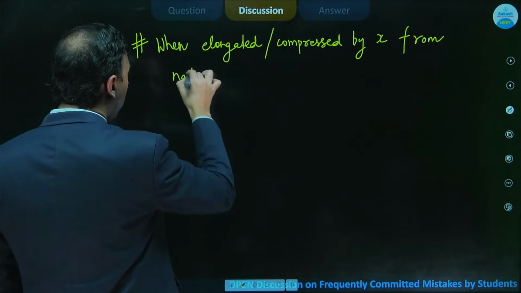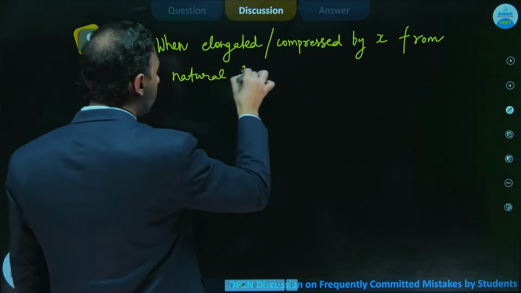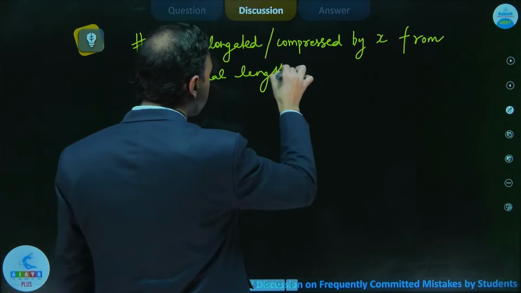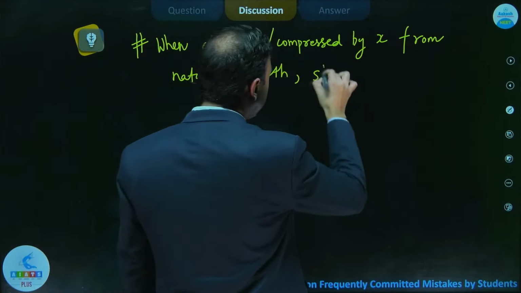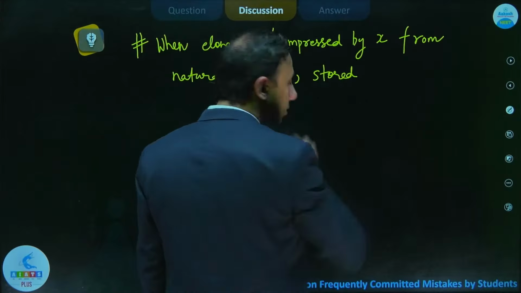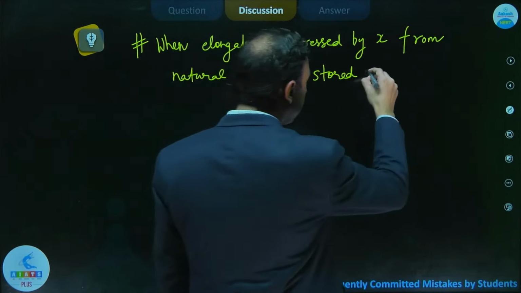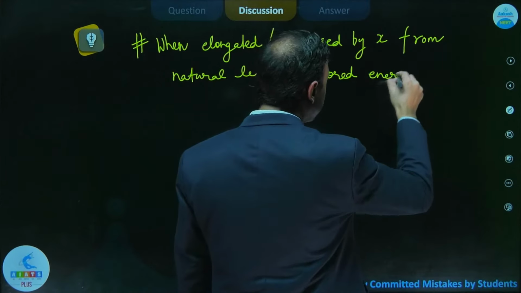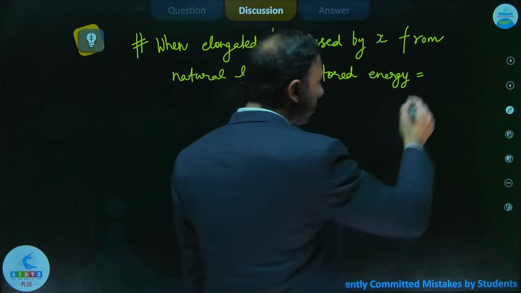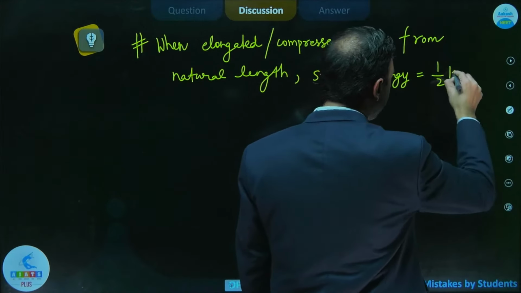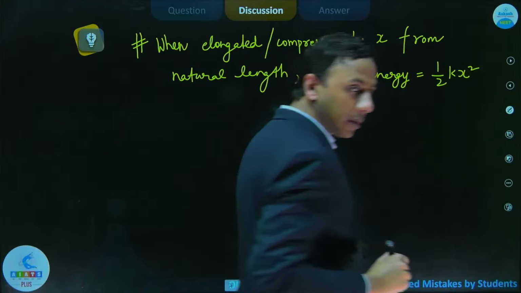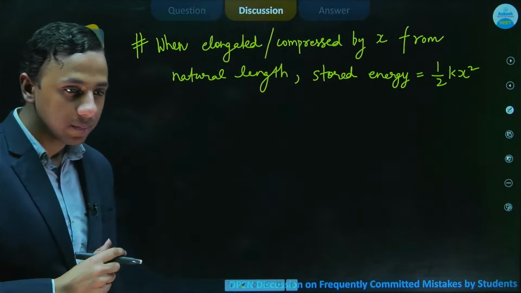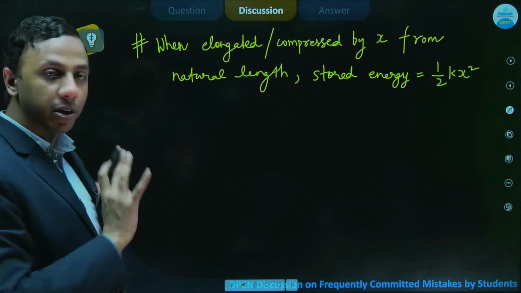When elongated or compressed by x from natural length, the stored energy in the spring can be written as half k x square. Remember this half k x square. So this is the formula we are going to use.